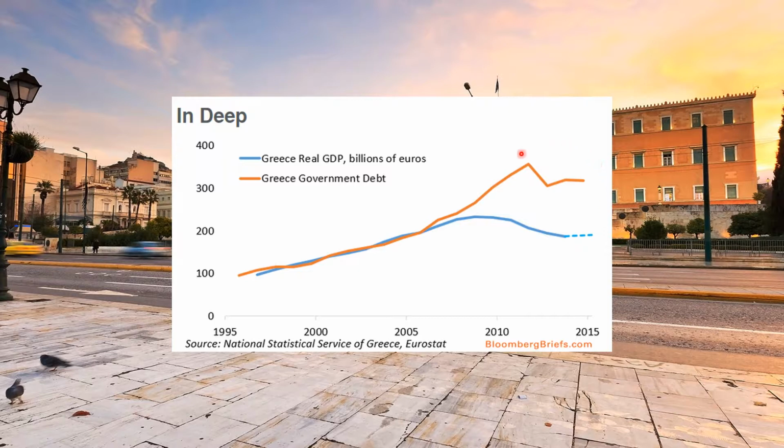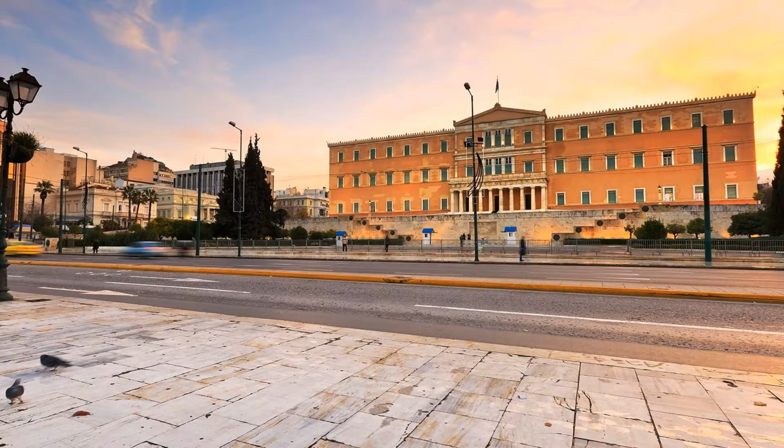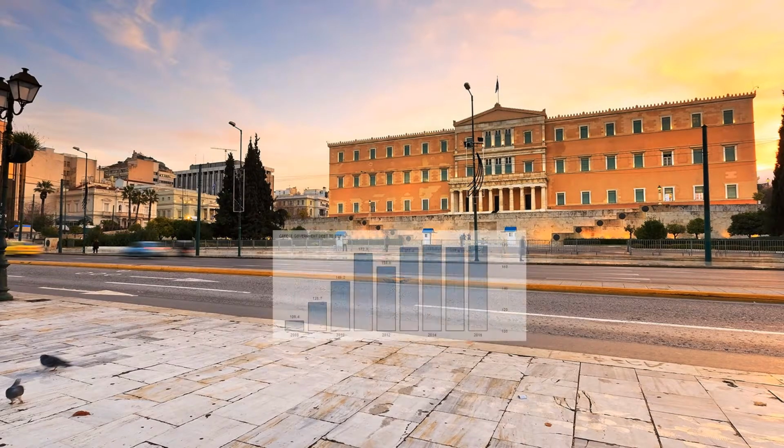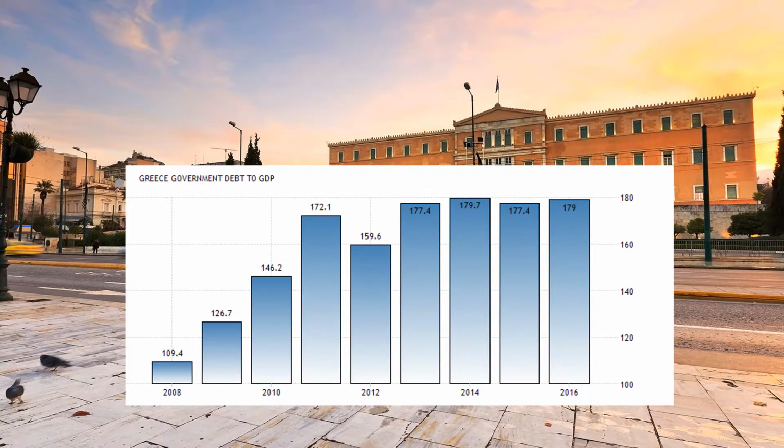So the gap between what the government owes and the economy's ability to generate tax revenue to maintain that debt has dramatically diverged since the late 2000s. This is quite a significant problem, and this final chart shows us the reason why.